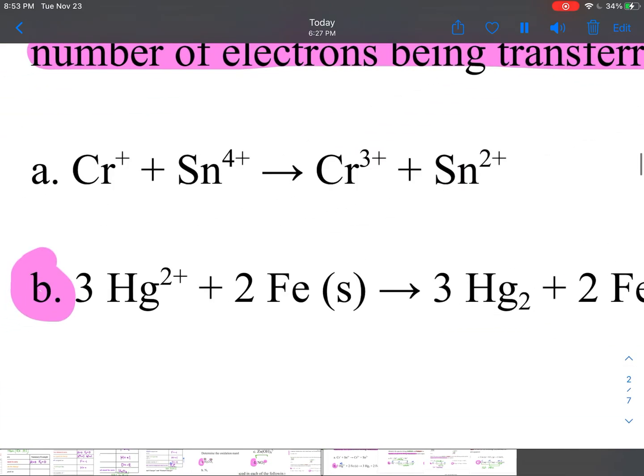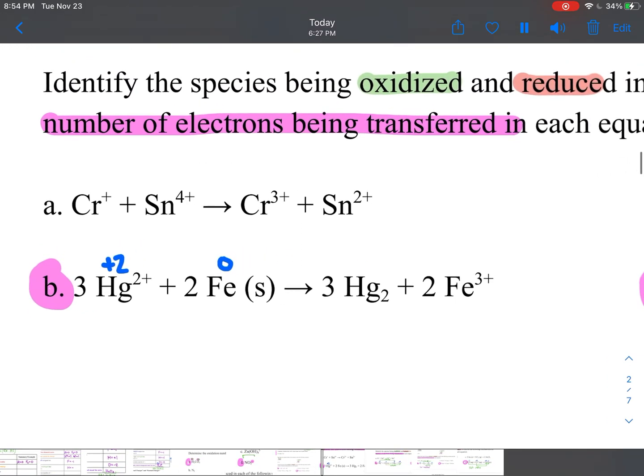Okay, we have mercury, and it is an ion, so we're going to assign the oxidation number +2 since it's a 2+ charge. Iron here is elemental, so it'd be 0. The mercury here is elemental, 0, and the iron here is +3. So those are the oxidation numbers.